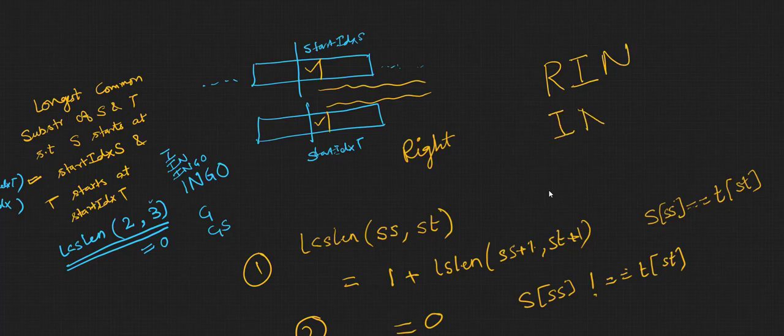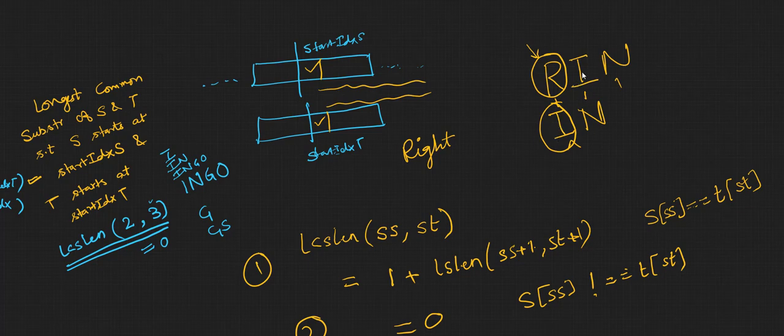If you fix them like this, and I ask you to calculate the common substring between these two strings where starts are fixed, you will not jump and compare. You will compare them as is, with their positions fixed, with every character matching. Here your answer is going to be, if this is your start, zero. This will remain zero, so we will not try to match this I with that.